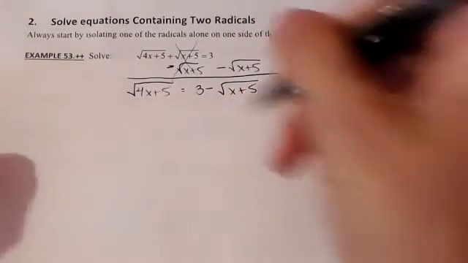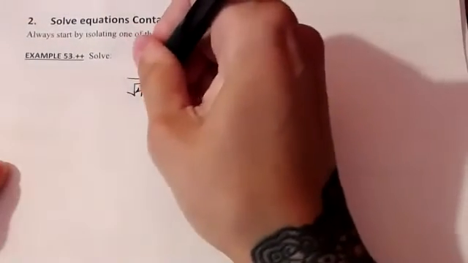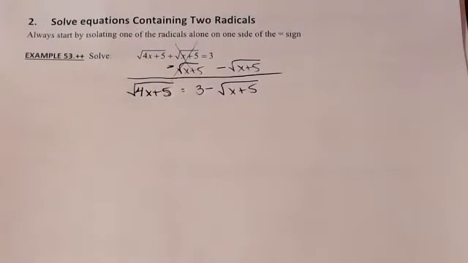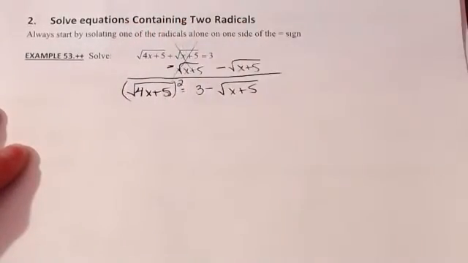You essentially want to get one radical alone on each side in this case. Because I want to eliminate my square root, I've got to do the opposite, which we all know is to square. You're going to square both sides like this.